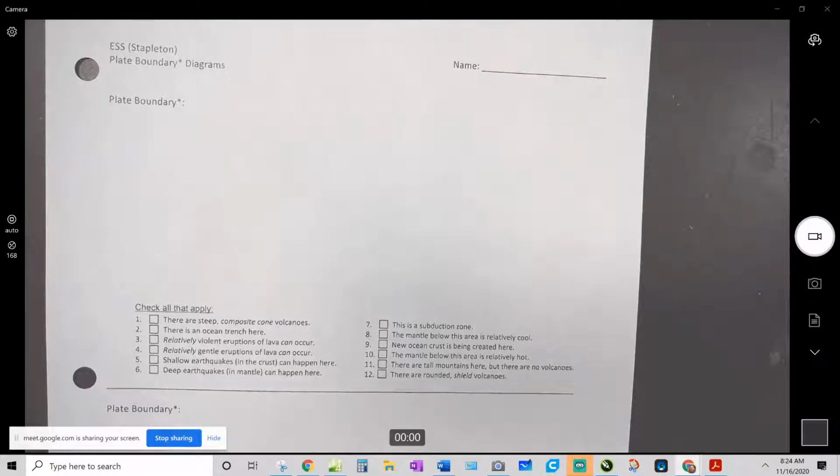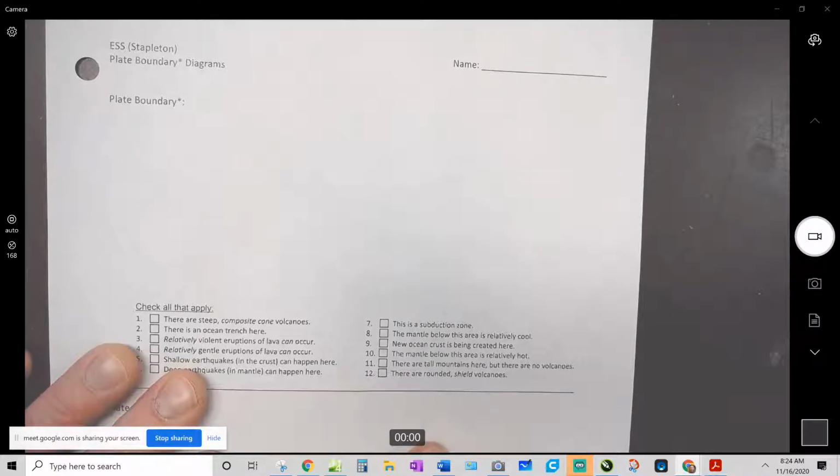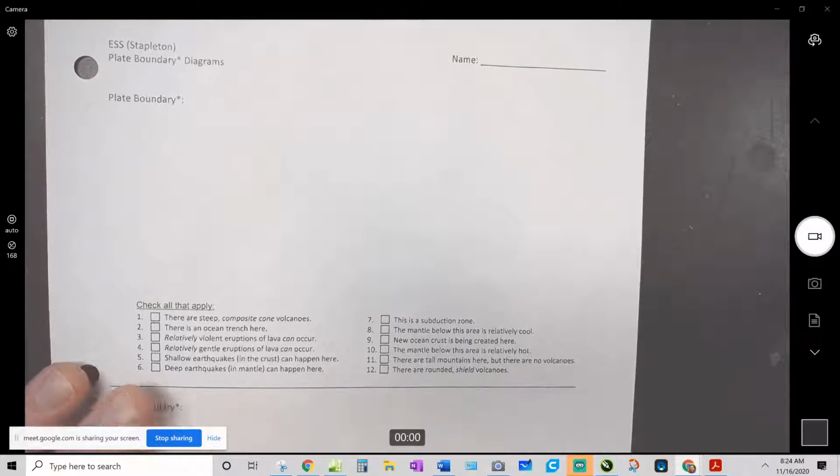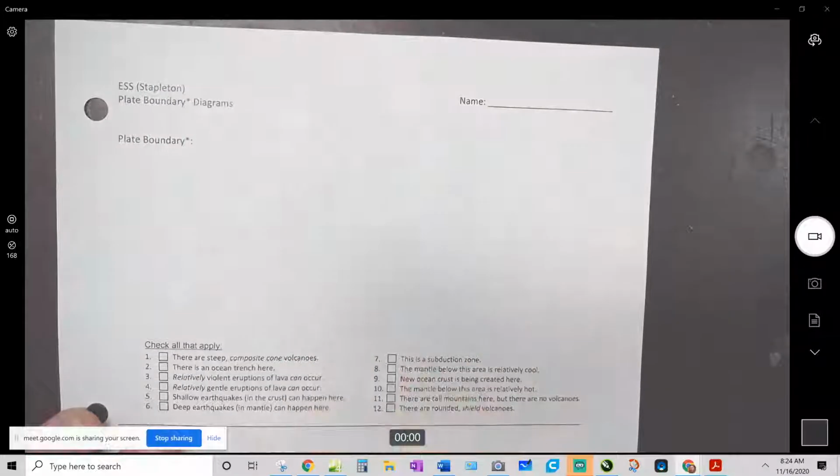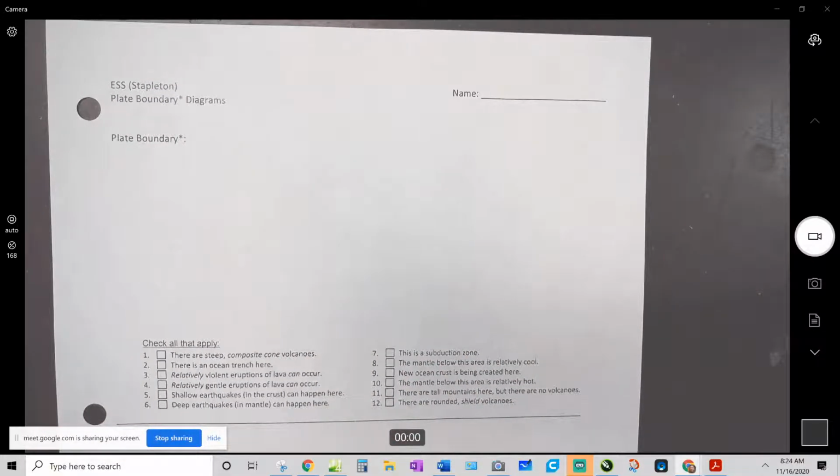I just realized I'm going to get my note sheet out just so I can show you where we are. But we're going to be drawing plate boundaries just like we did last time. And in fact, I'm thinking I might want to draw the ones that we already drew.